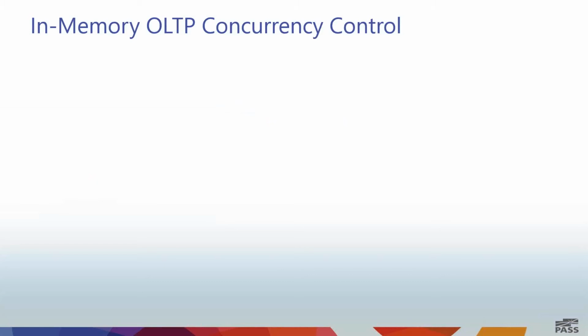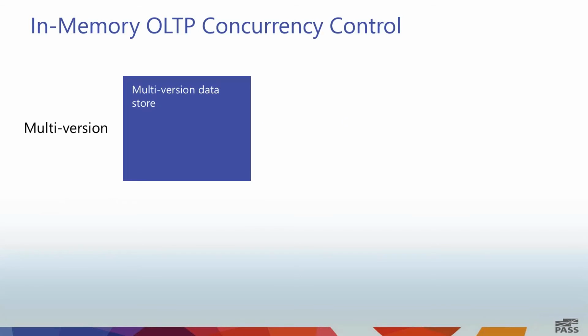So when talking about concurrency control within memory OLTP, there are two key things I want to emphasize here. First, it's actually a multi-version system. So the data itself is multi-versioned. The table data structures contain multiple versions of the row.